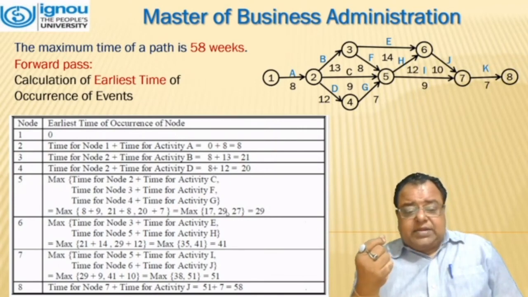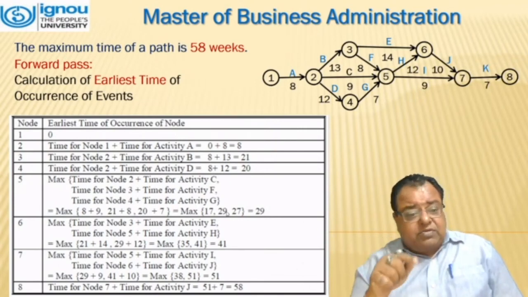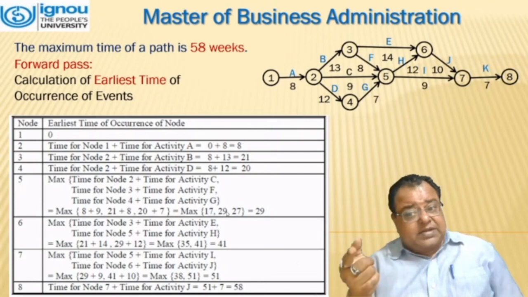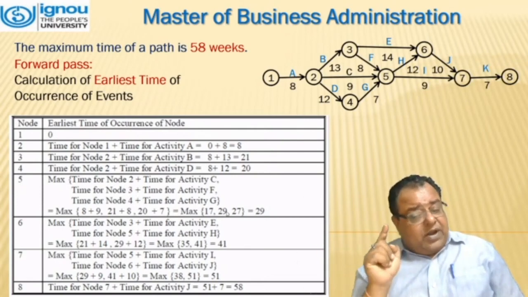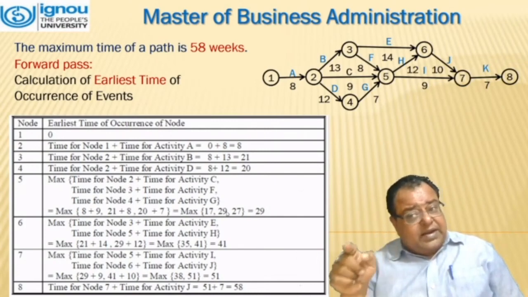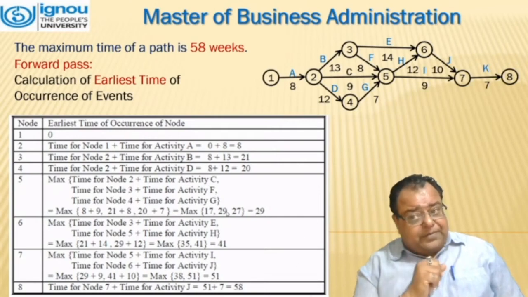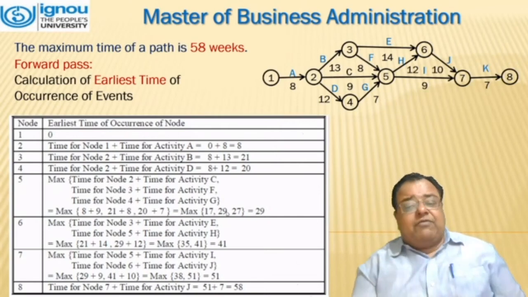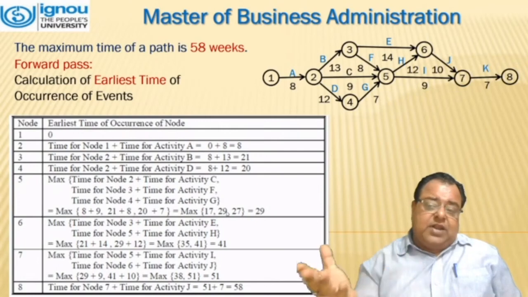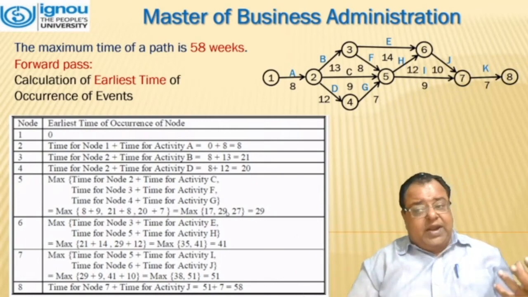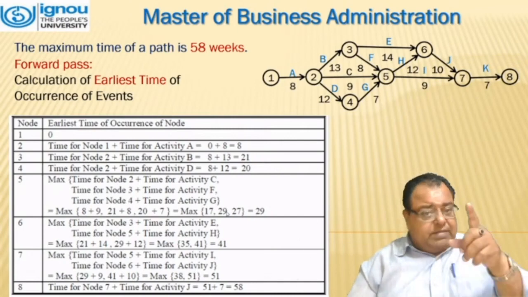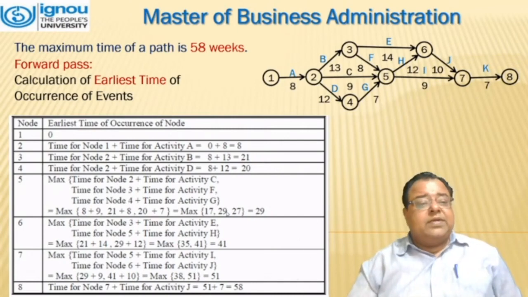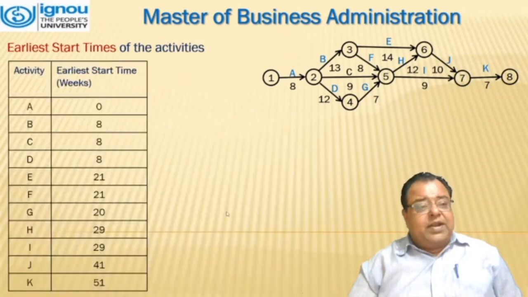For I, it is 29 for node 5 plus 9. That comes out to be 38. And if we are talking about 6 to 7, it is 41 plus 10, which comes out to be 51. At 7, we have reached 51 weeks. And for the last, node 8, 51 plus 7, which comes out to be 58. And the maximum time for the project is 58 weeks.